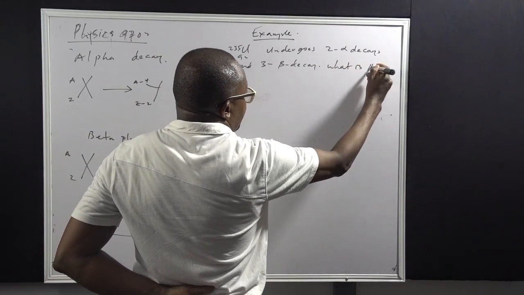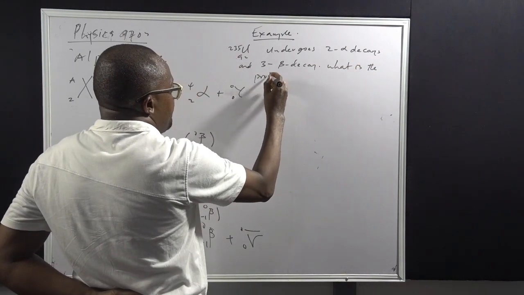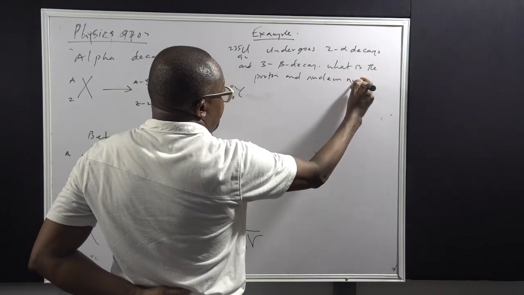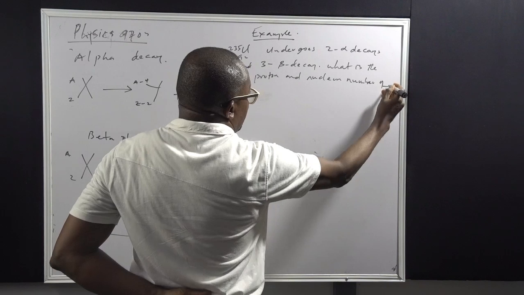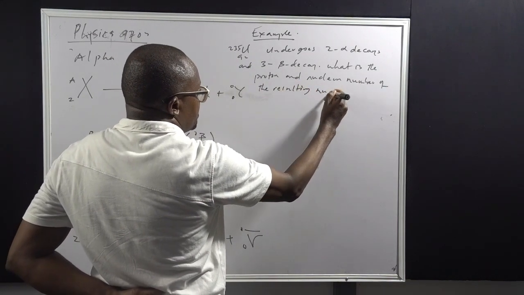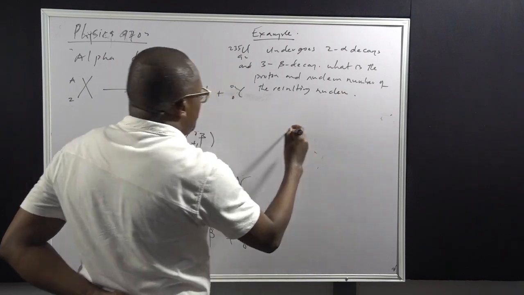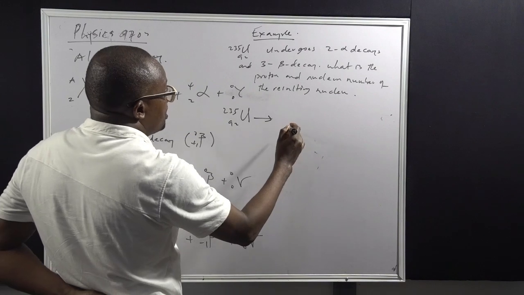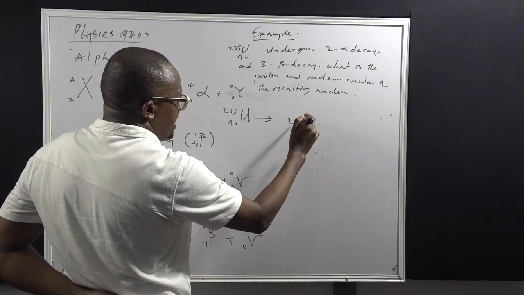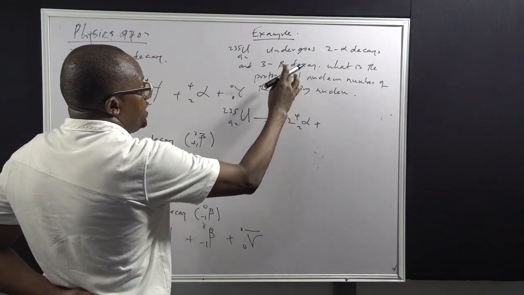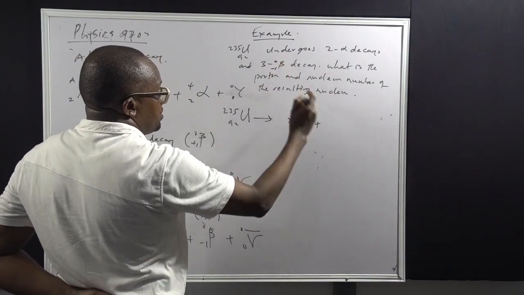What is the proton number and nucleon number of the resulting nucleus? So I'm going to have uranium 235 92. It undergoes 2 alpha decay, that is 2 alpha 4 2, plus 3 beta minus decay.